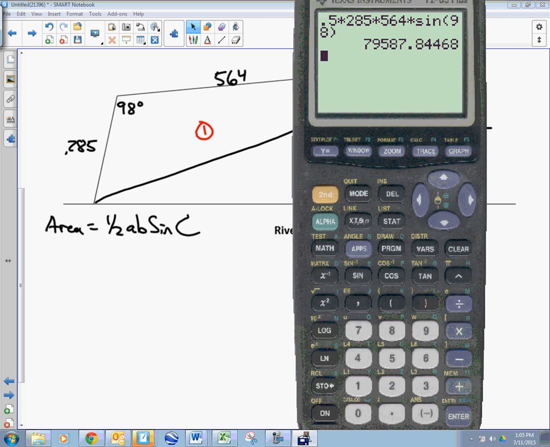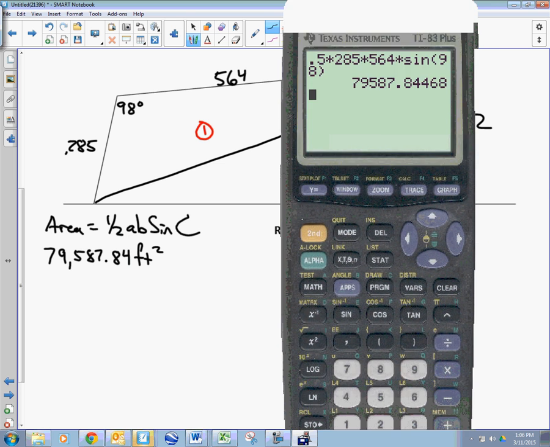That was easy. We're halfway there. $79,587.84 square feet. That's more than an acre of land, right? It's about 1 3/4 acres of land. So that's just that one triangle. We want to find the other one.